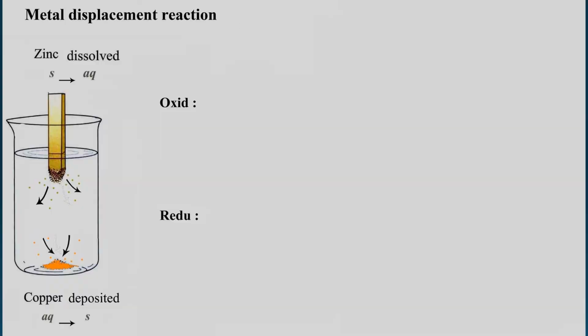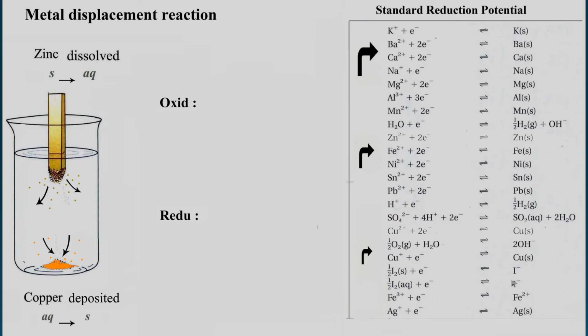Now we look at oxidation and reduction. Using the standard reduction potential table, look at zinc dissolved and copper deposited. I highlight as before. Zinc goes from solid to aqueous, so I choose the reverse arrow.